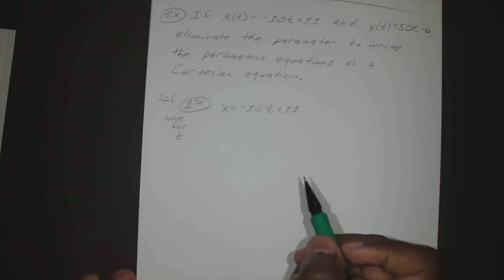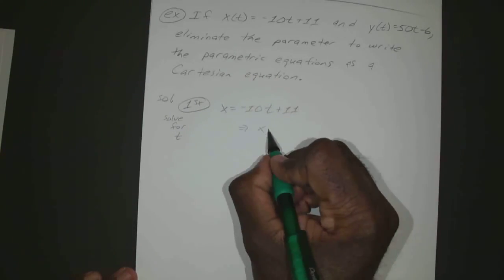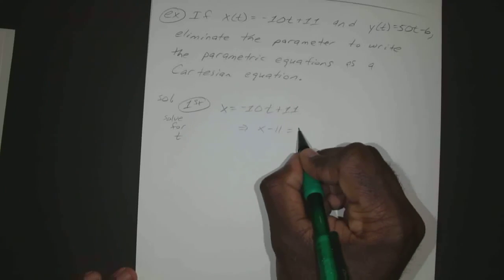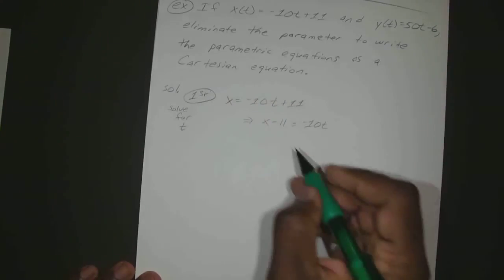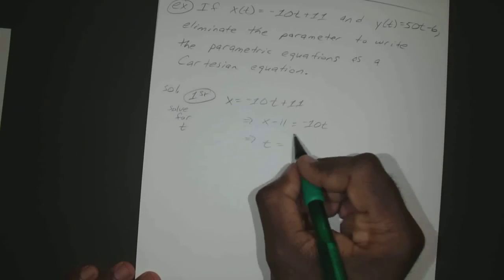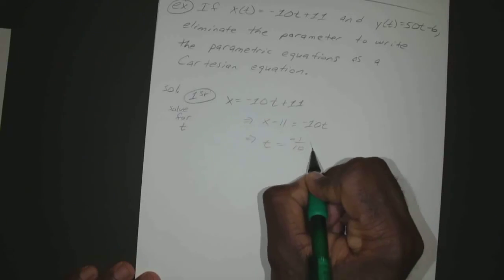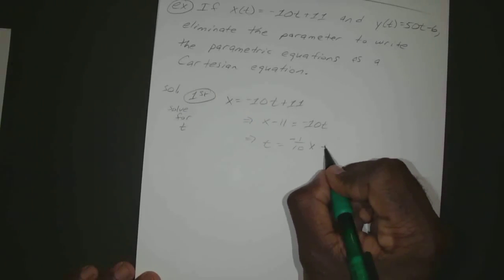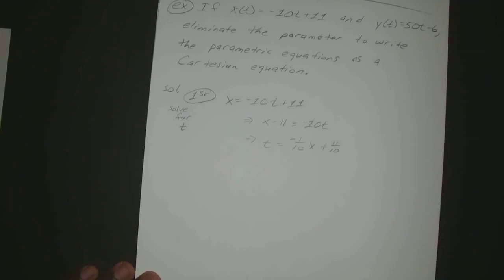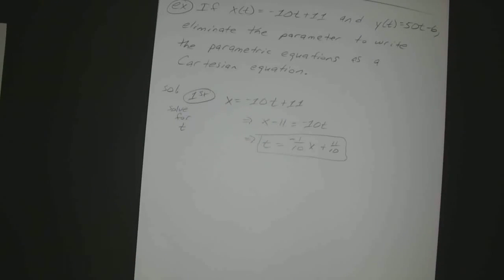If we subtract 11, you have x minus 11 equals negative 10t, or t equals negative 1 over 10 times x plus 11 over 10. So we solve for our t.